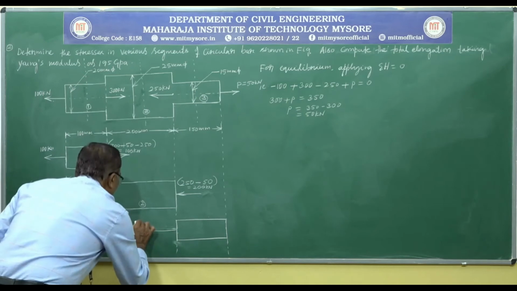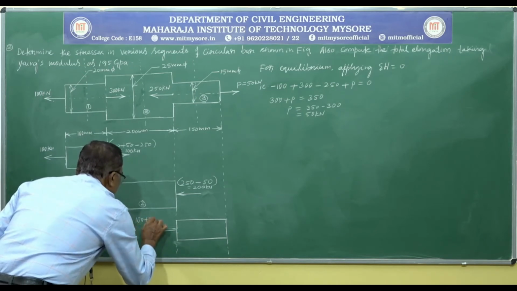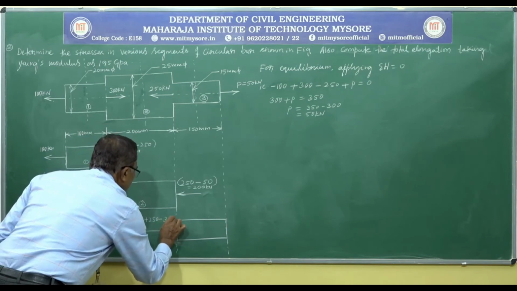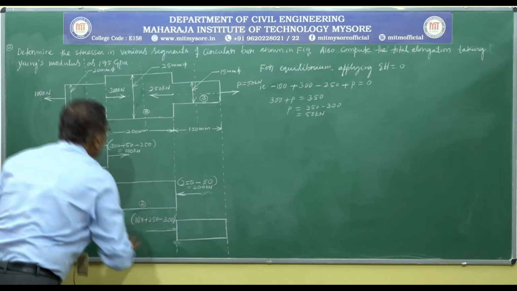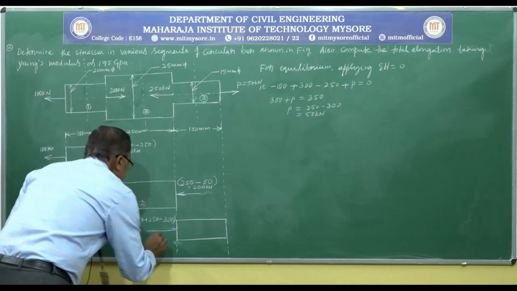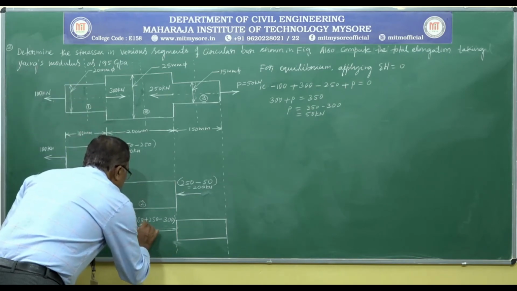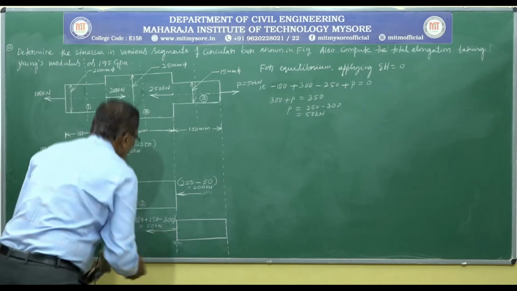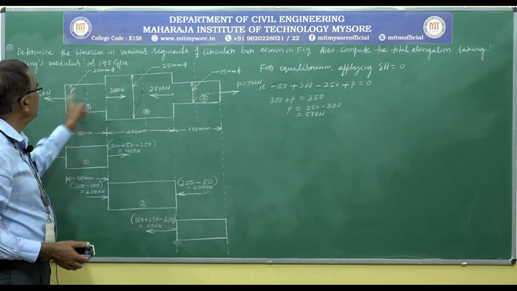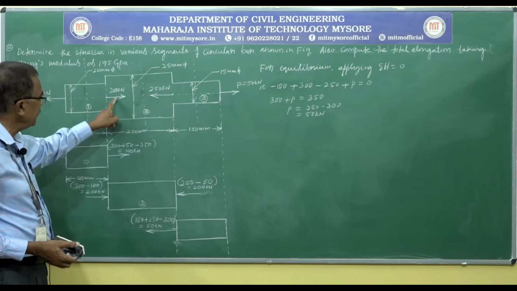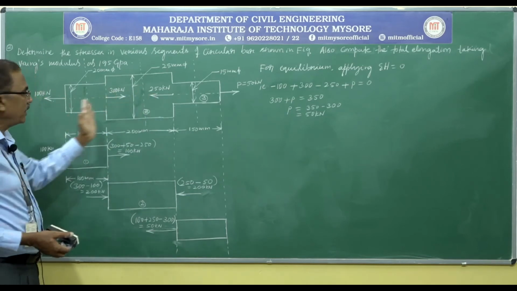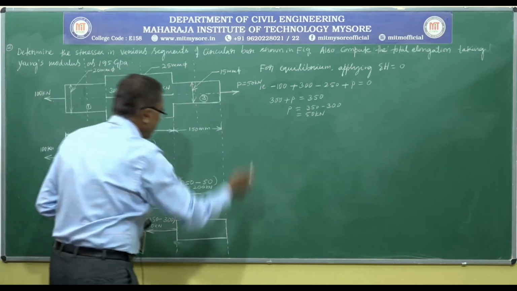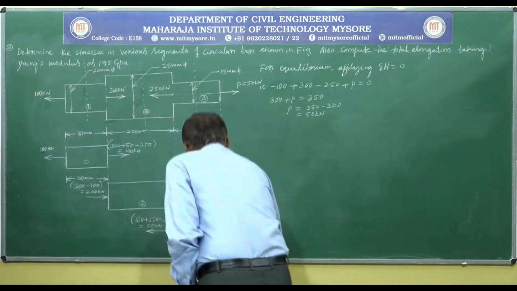It is 100 plus 250 minus 300. 100 plus 250 is 350, minus 300, the remainder load acting in the leftward direction is 50 kilonewton. And to the right side there is only one force, 50 kilonewton acting in the rightward direction.